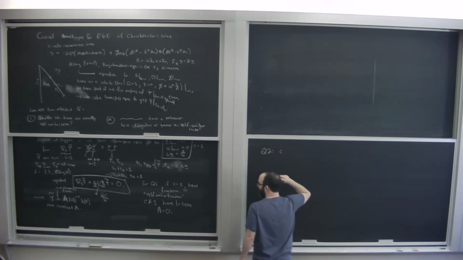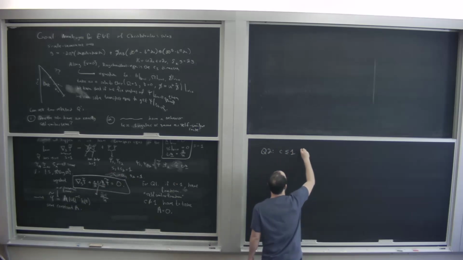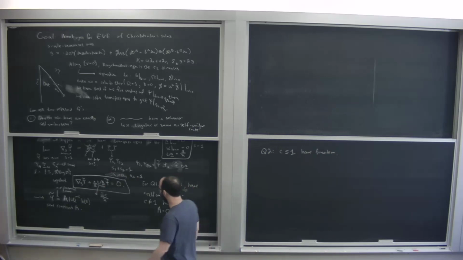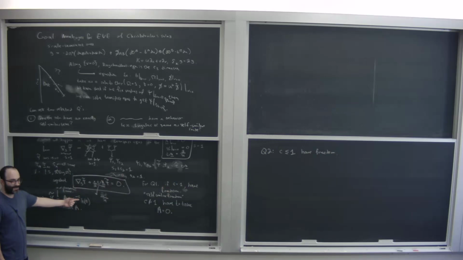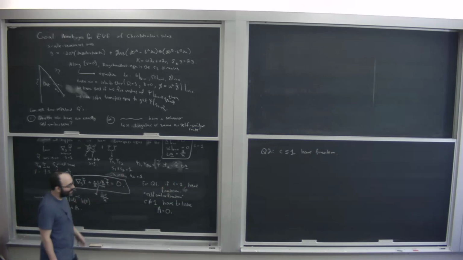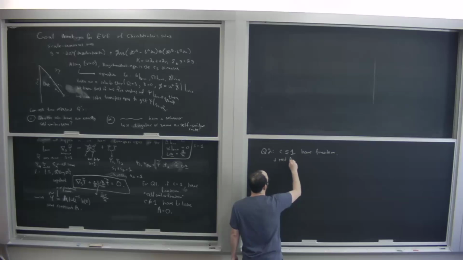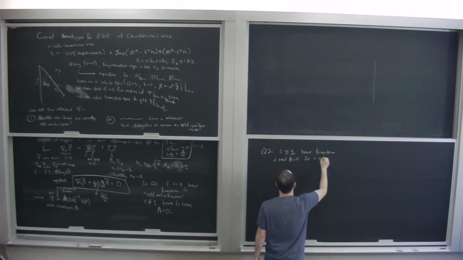So in this case, what in reality is that if c is less than or equal to 1, you have freedom, and you need a equals 0 for c greater than 1.